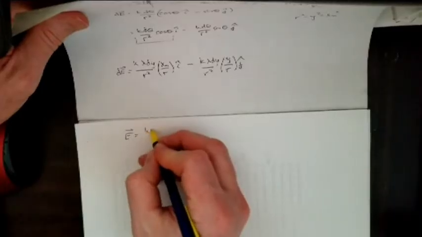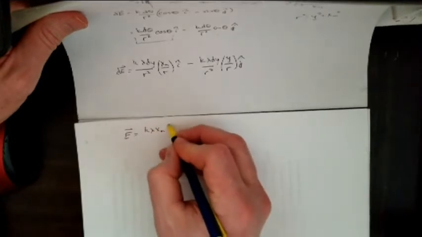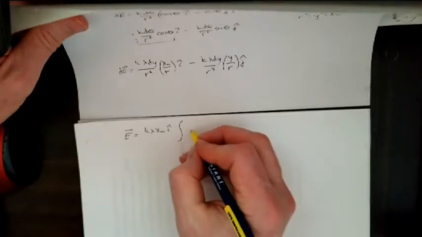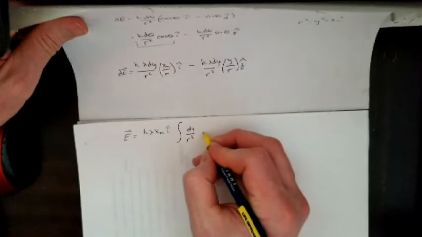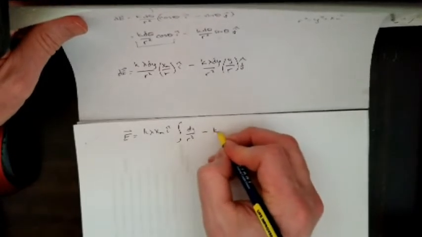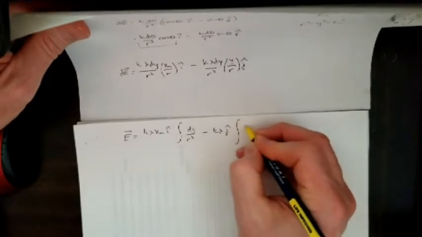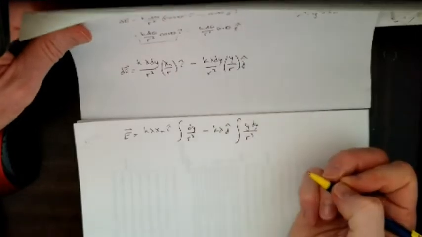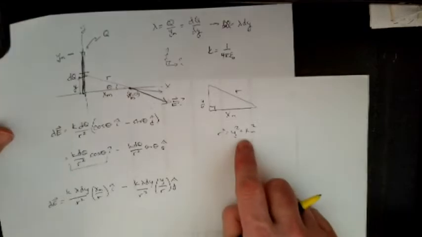So my electric field is k lambda x sub m, those are my constants, i hat, times the integral of, what am I left with? I have a dy over r cubed, minus k lambda j hat times the integral of y dy over r cubed. I know r squared is y squared plus x sub m squared.